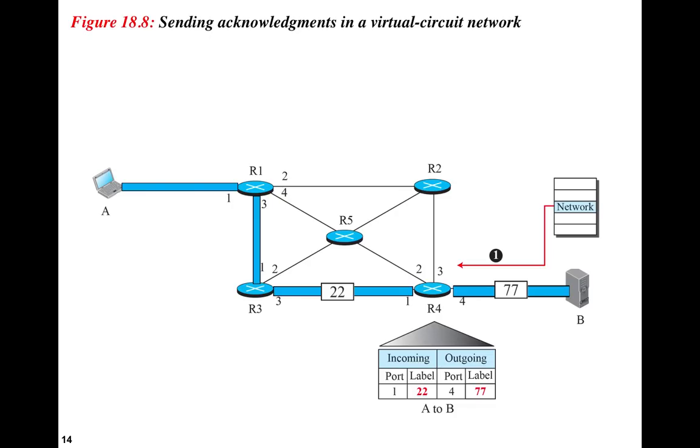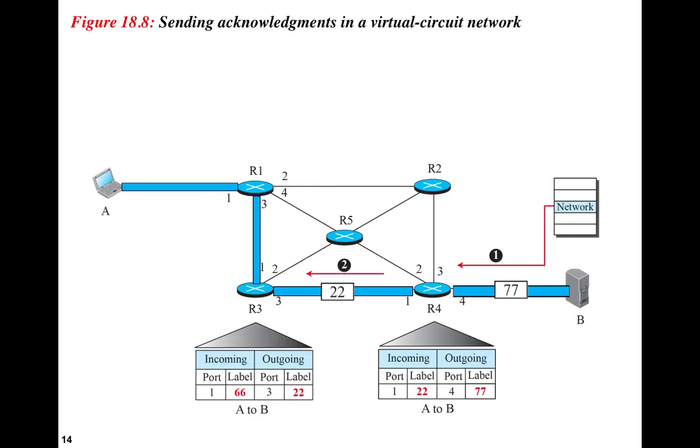It needs to be sent to port 1 with label 22. We already know about 22. So 22 now arrives at R3. Because it's arriving on port 3 from R4, R3 will save that entry into its table. In this way, on the way back, all the tables get filled with the entries of the route.